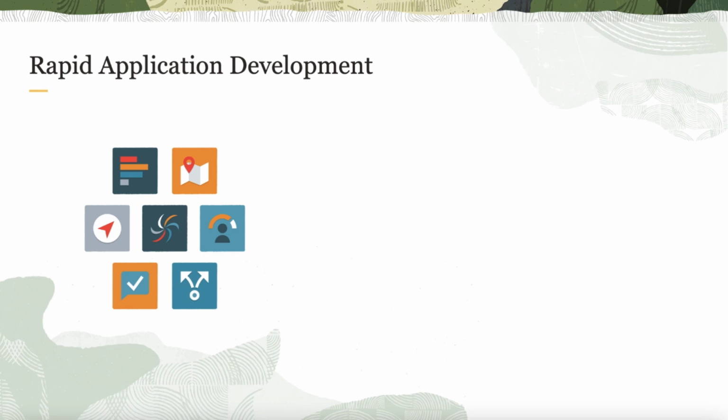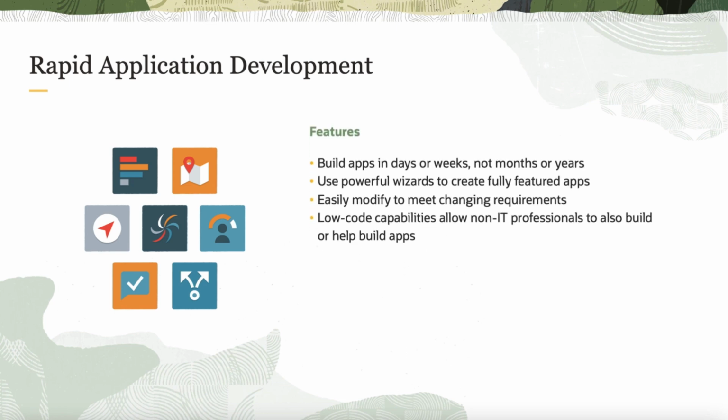The requirements may be poorly defined and the business priorities may change rapidly, which is why the applications must be very fast to build and easy to update as required. And Apex is a best fit for such requirements. Using the powerful wizards in Apex, you can build applications in days or weeks.